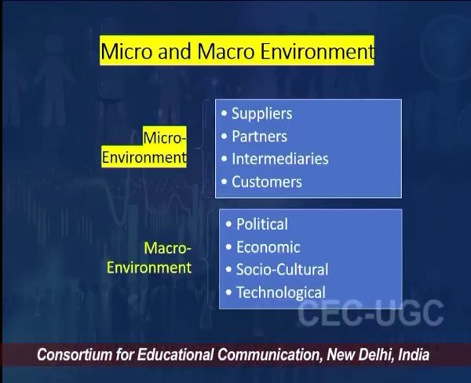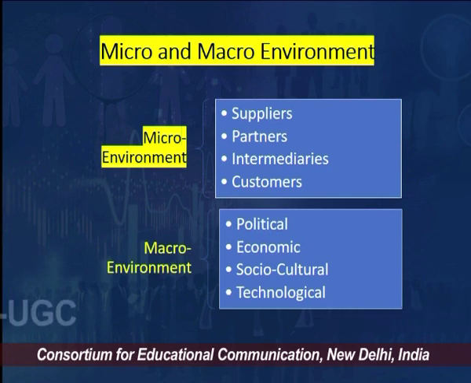The third aspect of your micro environmental element is intermediary. Now, who all are intermediaries? As I told you earlier in the beginning of this session, intermediaries provide a lot of value addition in the digital marketing context. These are the firms which are autonomous, which run independently, but they provide a lot of value differentiation.